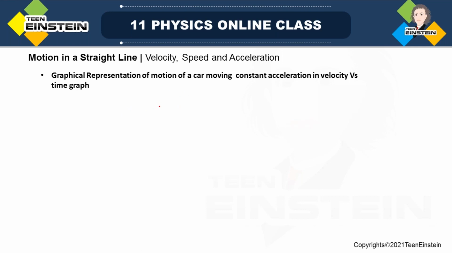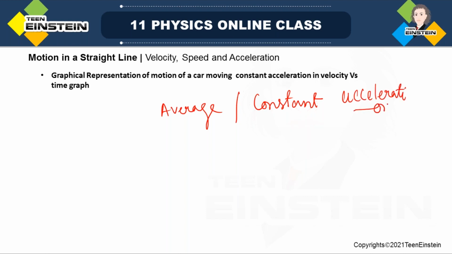So in our study, we'll take an average or constant acceleration in our discussion of kinematics or laws of motion or anything in this book. So constant acceleration means average acceleration. Look at what we have defined.